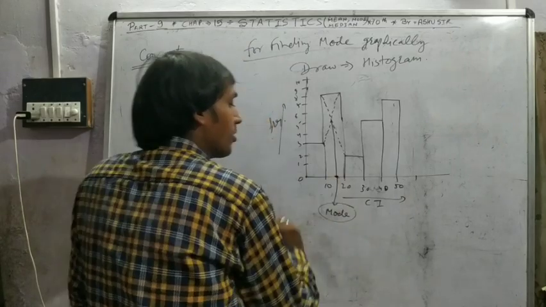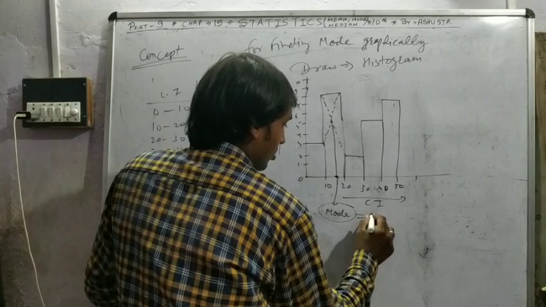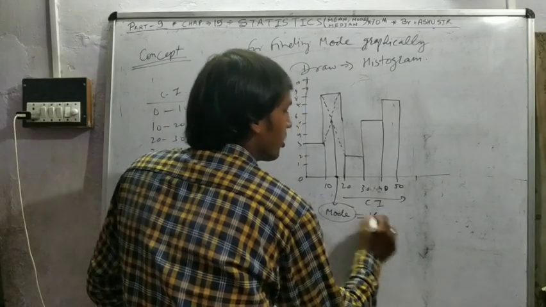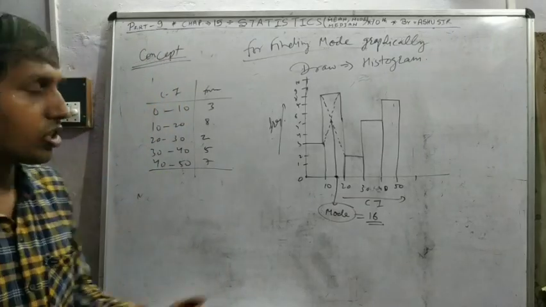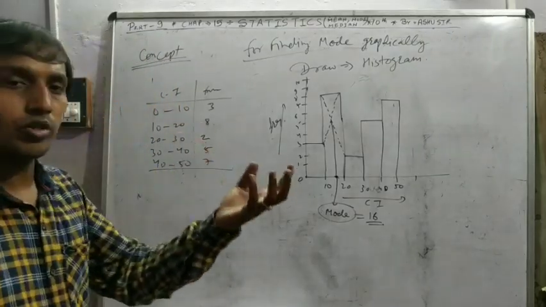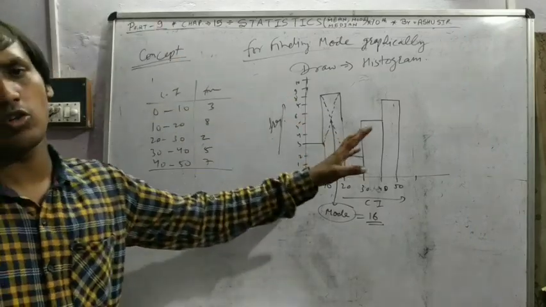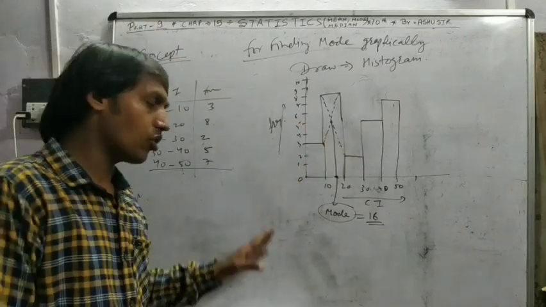Approx 16 is the mode. This is not in your syllabus, but the student wants it, so we explain it. Only for explaining, not your syllabus. Pause, note down. Thank you, class.